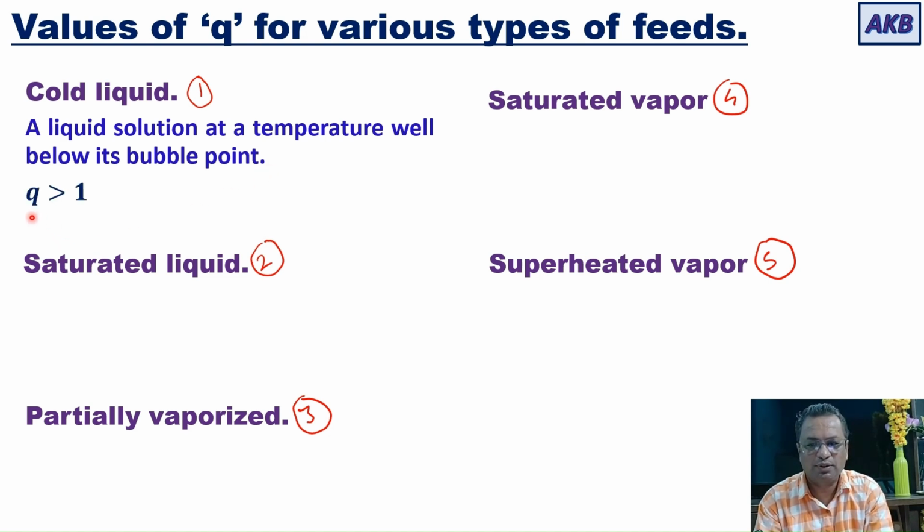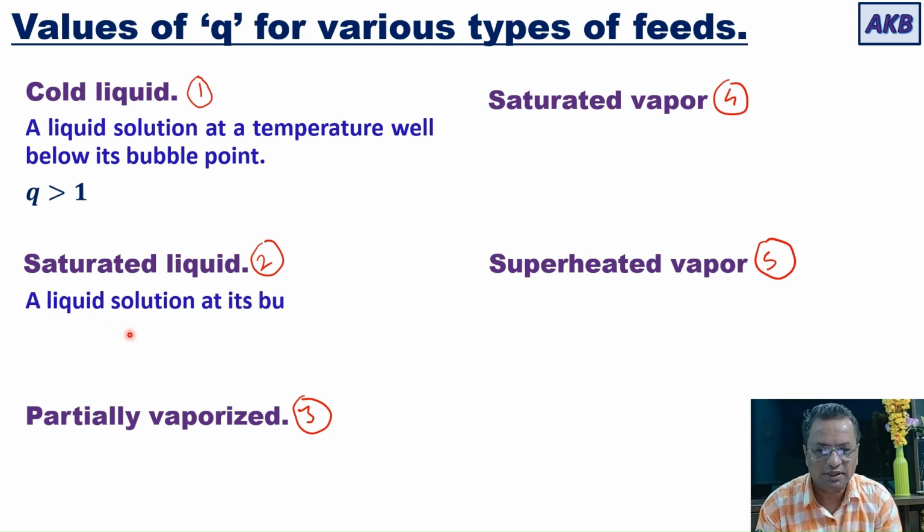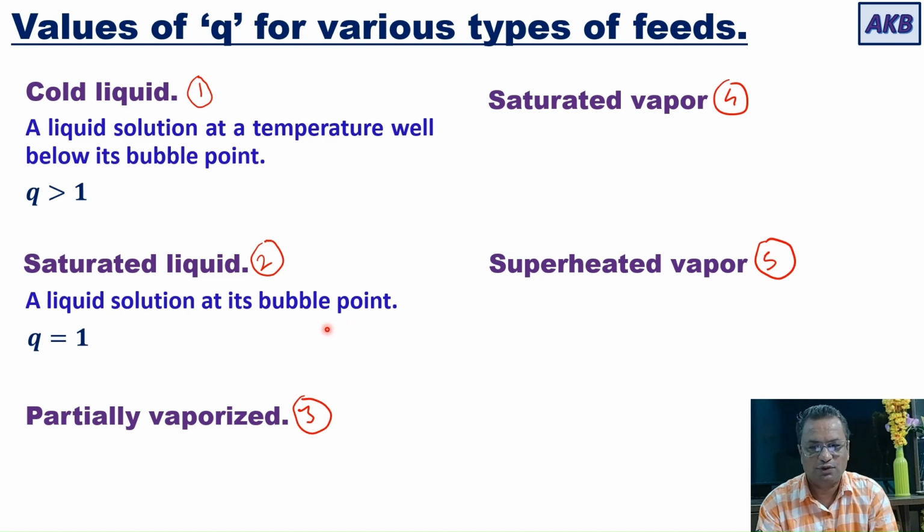And for cold liquid, the value of Q is greater than 1. Then what is saturated liquid? Saturated liquid is a liquid solution at its bubble point, a liquid solution at a temperature which is equal to its bubble point. And for saturated liquid, the value of Q is 1.